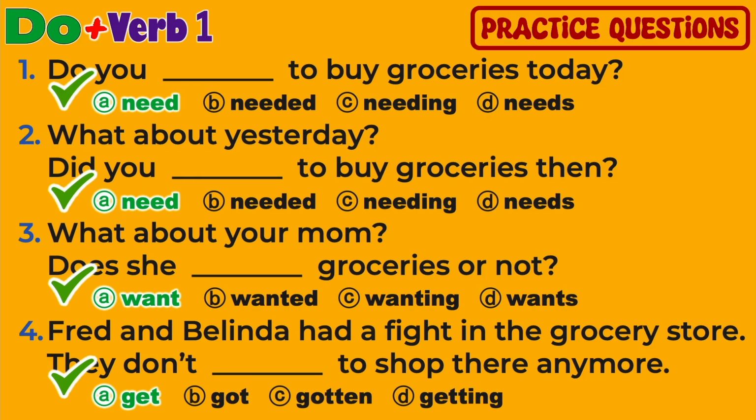So when we did our questions, we answered alpha, A, every time. A. Need, want, get. When you're sitting there in a classroom doing a test or a language lab doing a test, you might feel like, I can't say A every time. I can't say A 4 times in a row.